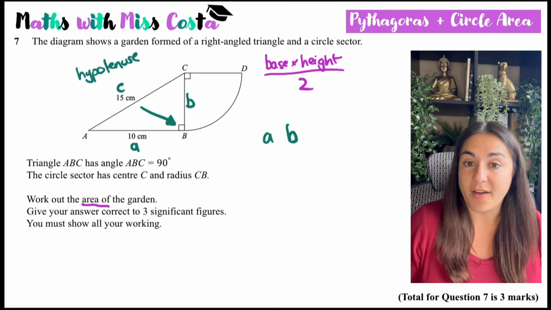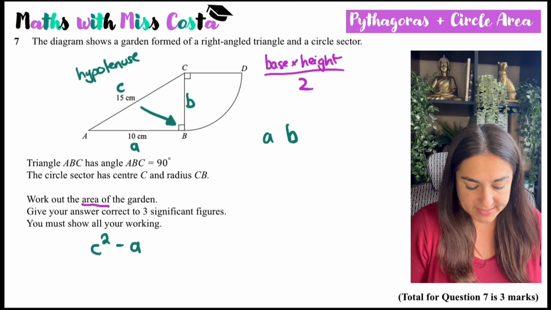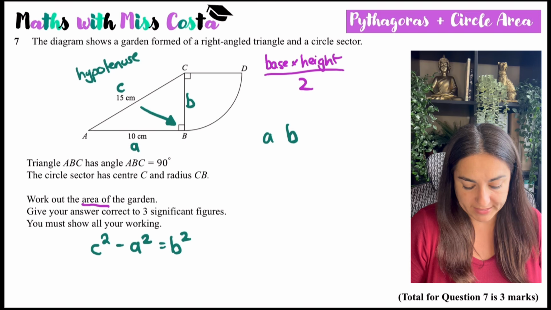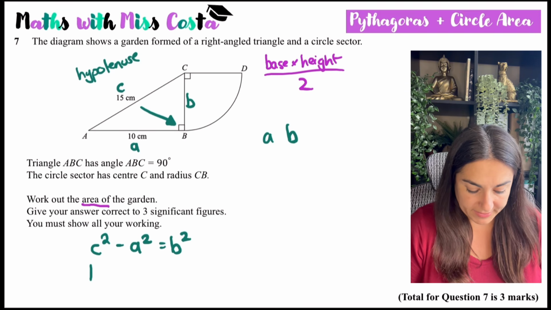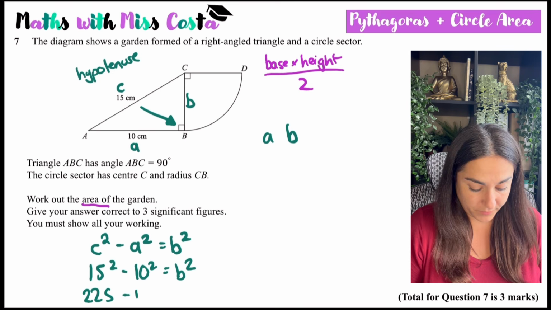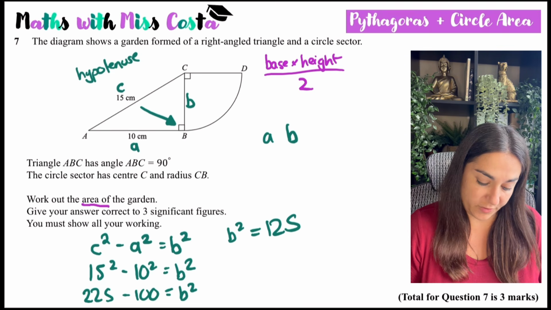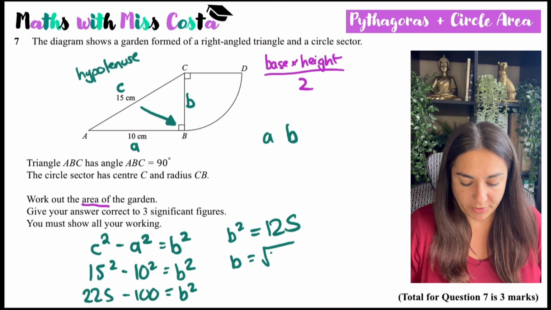Because I've got the hypotenuse and I'm trying to find a shorter side, I'm going to do C squared take away A squared equals B squared. So that's 15 squared take away 10 squared equals B squared. So 225 take away 100 is B squared, and therefore B squared must be 125. So B is going to be the square root of 125.